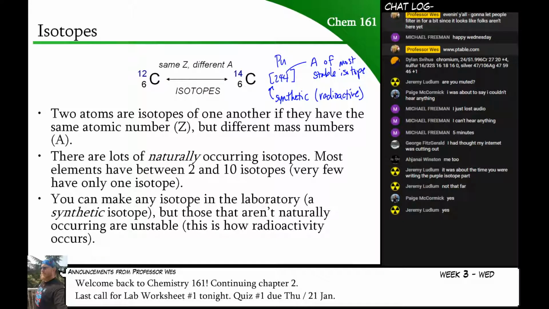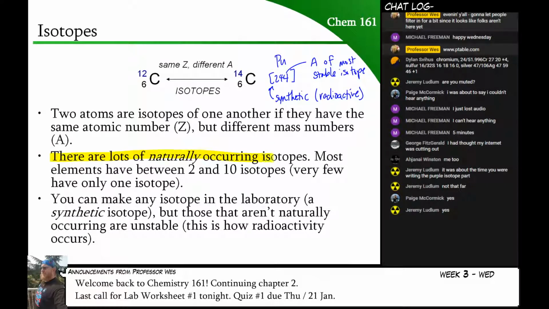So what that means is that any elements that are stable have been around long enough since that time to still persist today. So we consider those to be called naturally occurring. Anything that's naturally occurring has been around the Earth for at least 4 or 5 billion years, however long the Earth has been around.